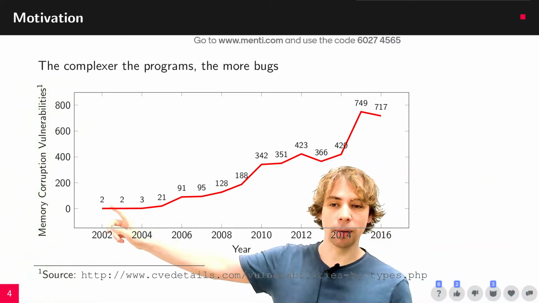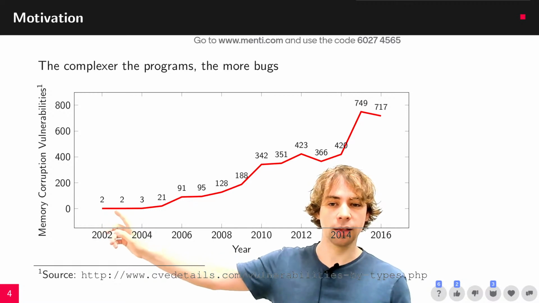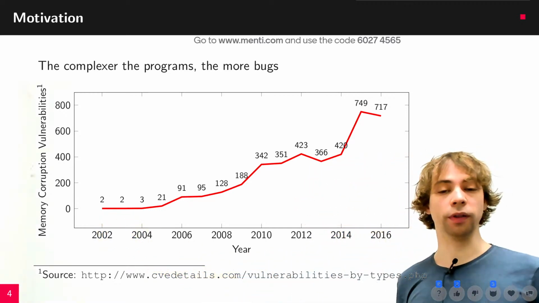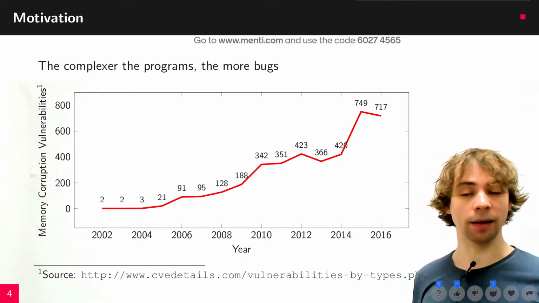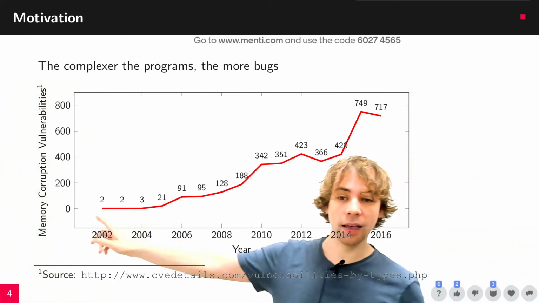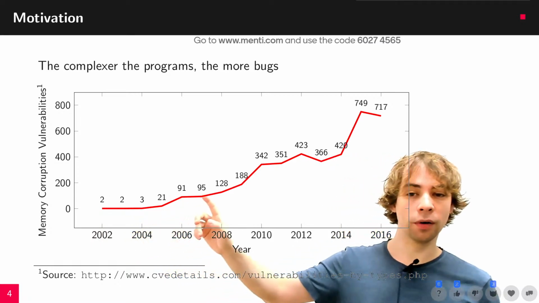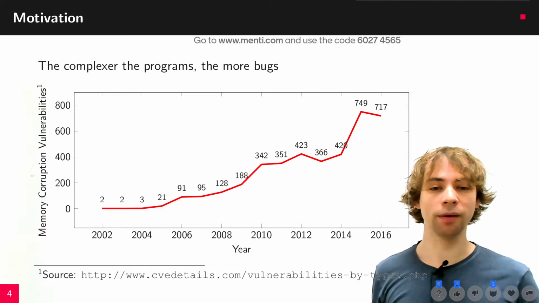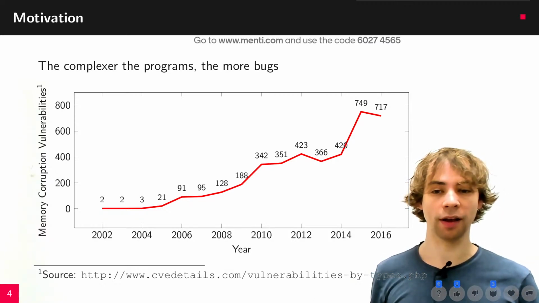And if you take a look at memory corruption vulnerabilities, in the early 2000s, they were not too common because also the community didn't fully understand them at the time. And then they got more and more frequent. And this plot continued like that. We have more and more memory errors all the time.